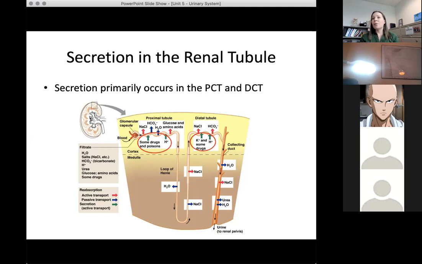Another thing is to eliminate waste products that have been reabsorbed by passive processes. So as we've discussed, there's some substances that, no matter what, are automatically reabsorbed. You can't help it. And what if there's just too much of them in the blood?